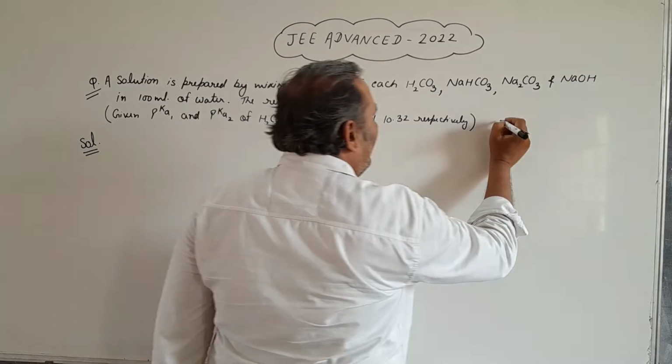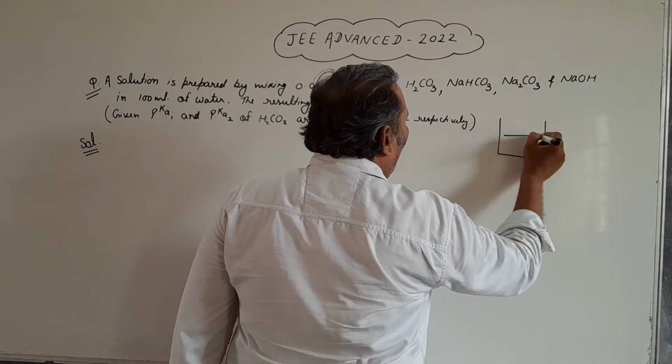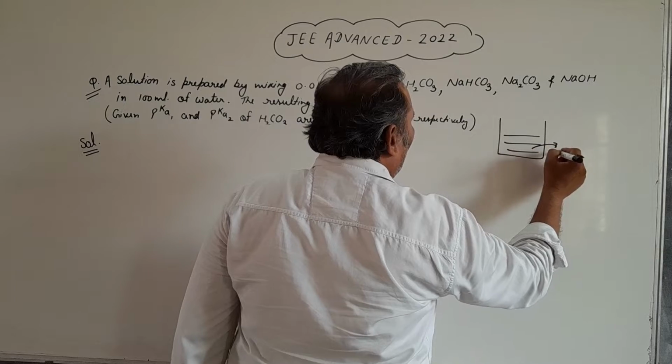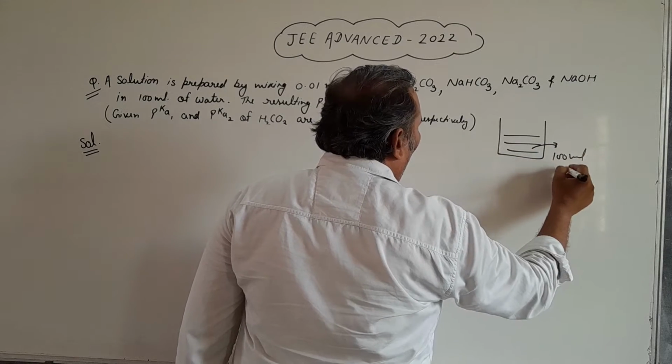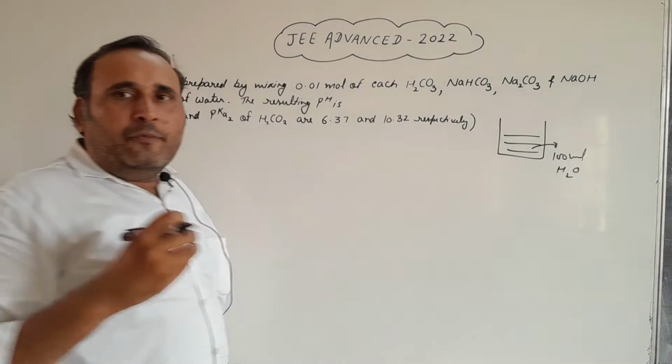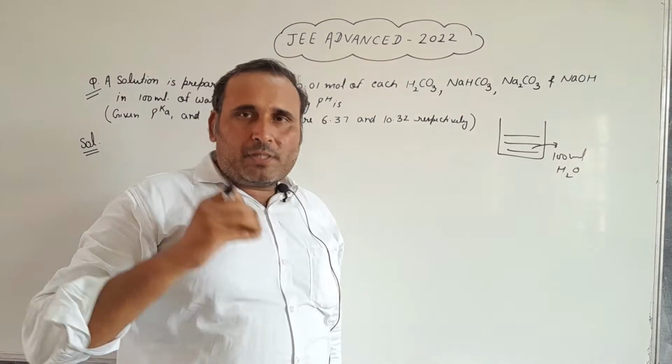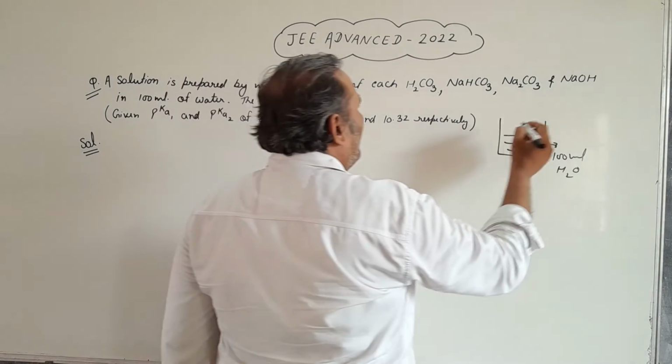So what is given? Given is we have 100 ml of water, and in this water we have mixed four substances. Which four substances?